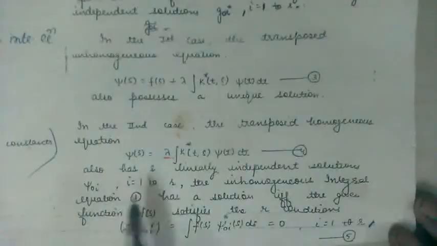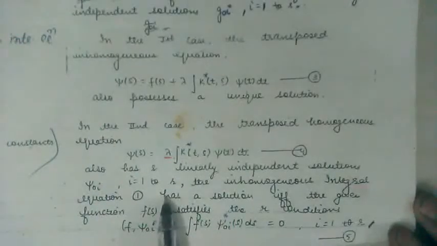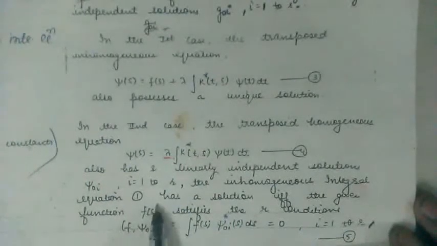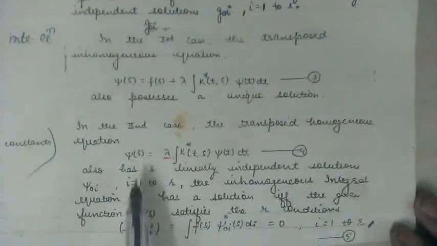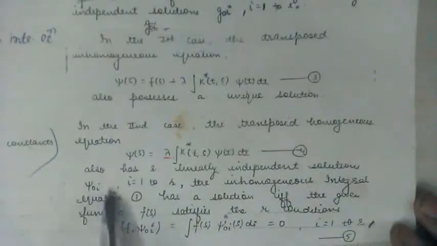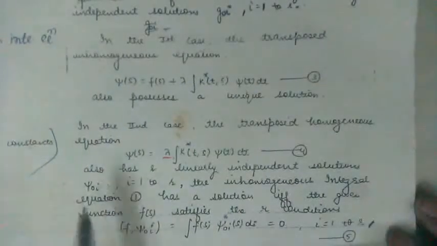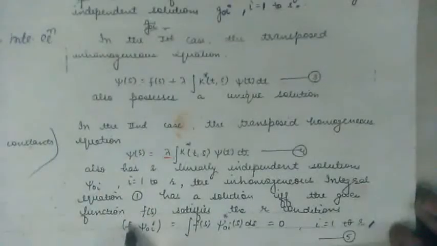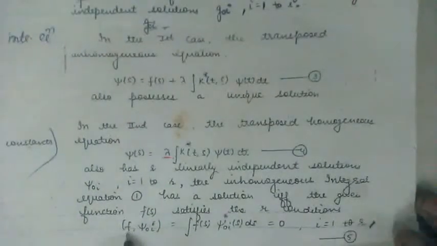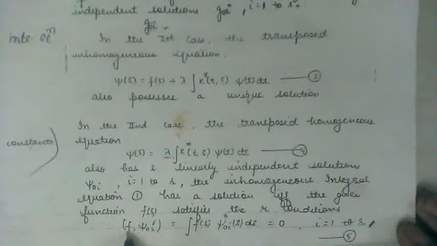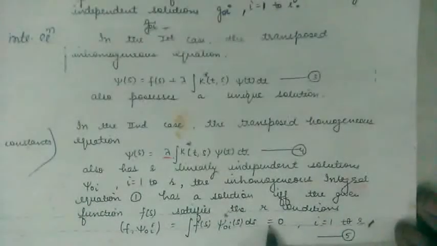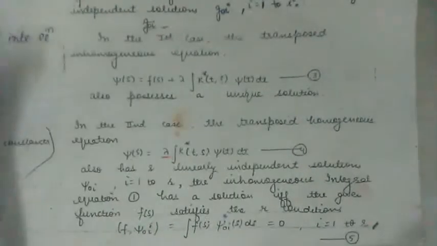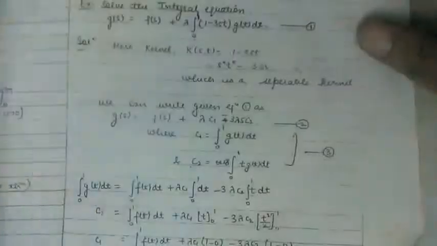These are the linearly independent solutions, and equation 1 has a solution if and only if these solutions of the transposed homogeneous equation are orthogonal to the function f. It means the inner product of the function f with these linearly independent solutions of the transposed equation is 0. So let us discuss some examples based on this theorem.